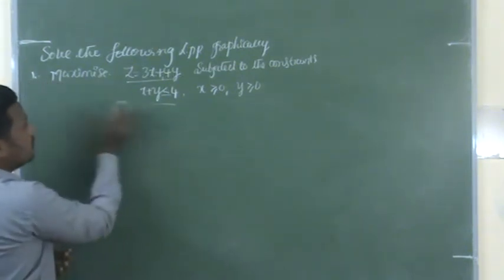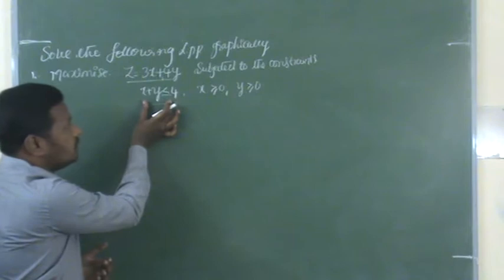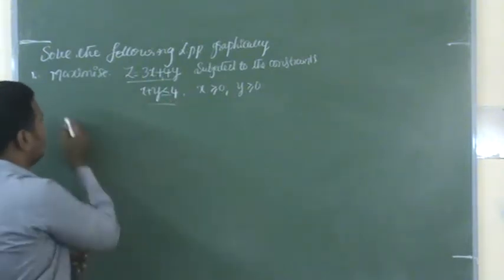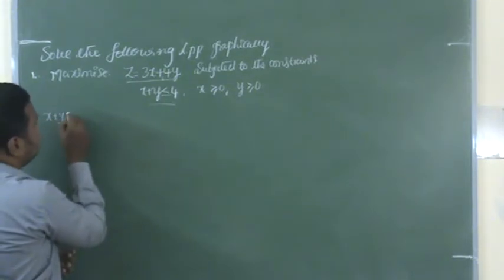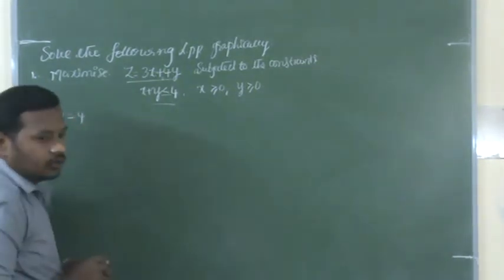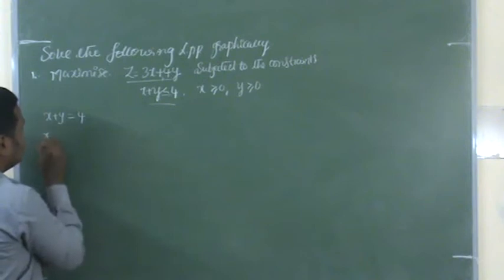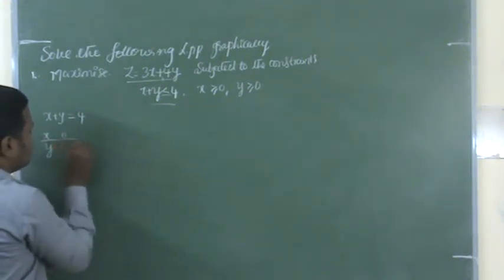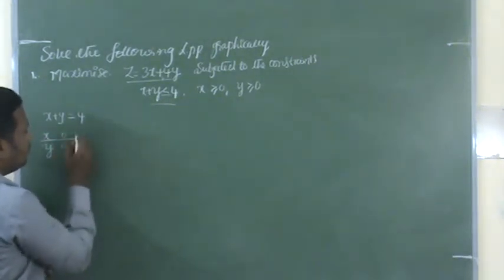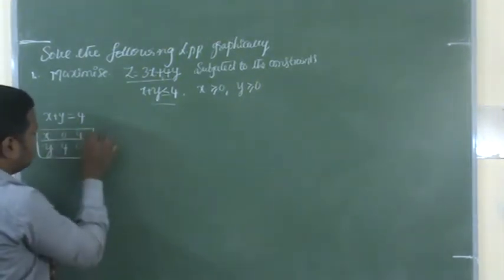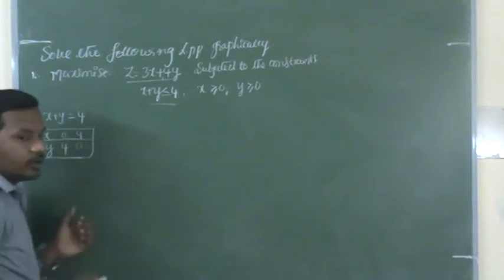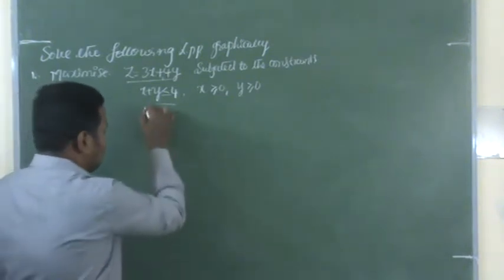Here, this inequation we can write in the form of an equation. So the first step is x plus y equals 4. Here x equals 0, y is 4, and y equals 0, x is 4. These are the points.